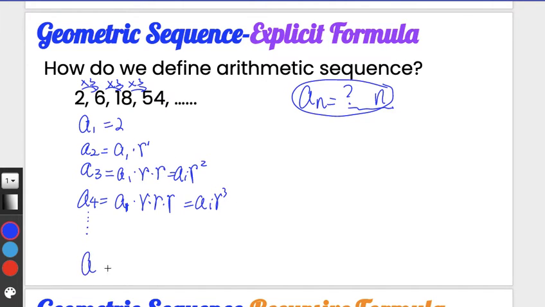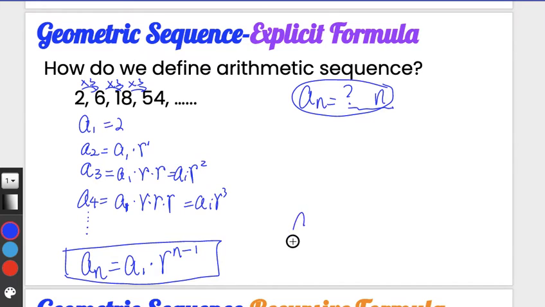You'll probably notice that in order to get a random term, I need to multiply how many times of r? Yes, it's n minus 1. So this is our explicit formula. To get any random term in the sequence, we need to multiply by the difference of the index number from the first one, which is n minus 1. Okay, so this is our explicit formula.